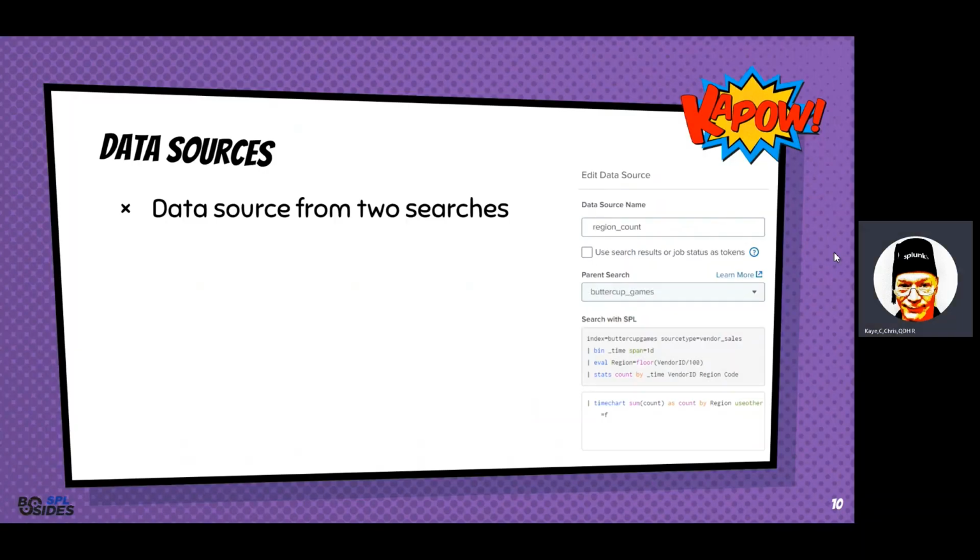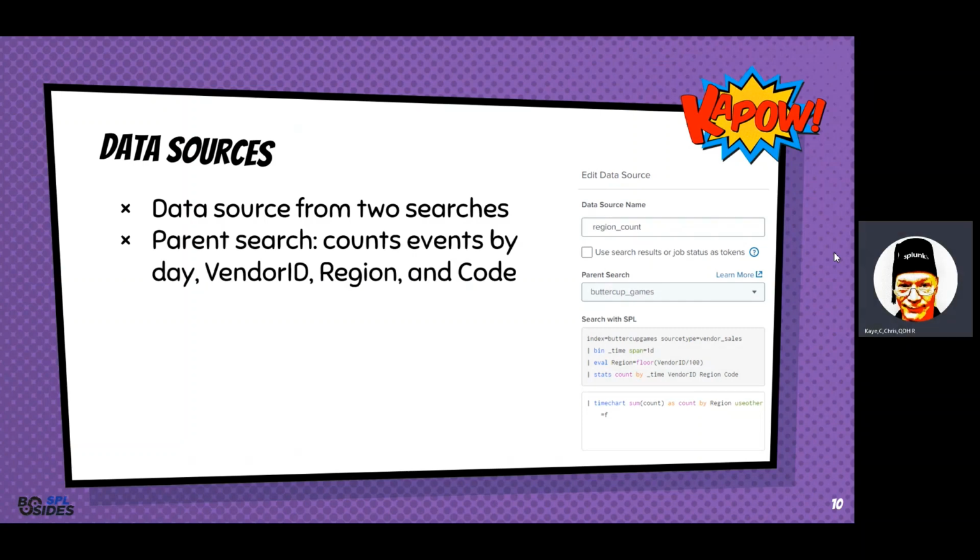Looking at the data source configured for the chart, there is a parent search which reads the raw Buttercup Games index. Buckets the time into daily bins, creates the region by dividing the vendor ID by 100.